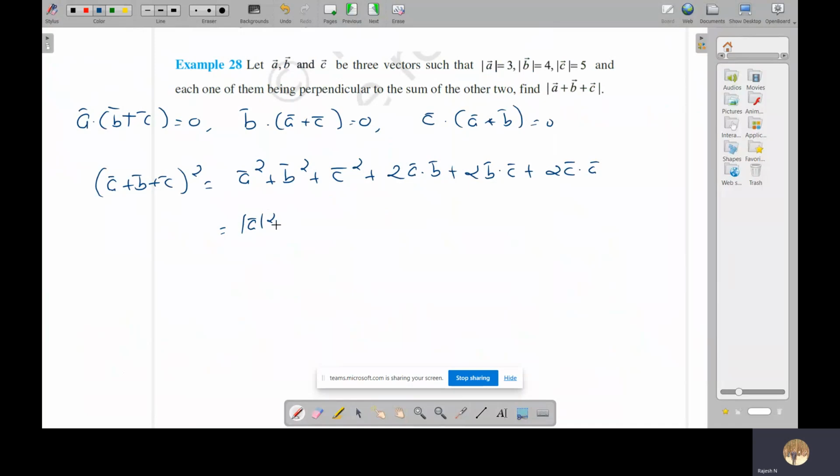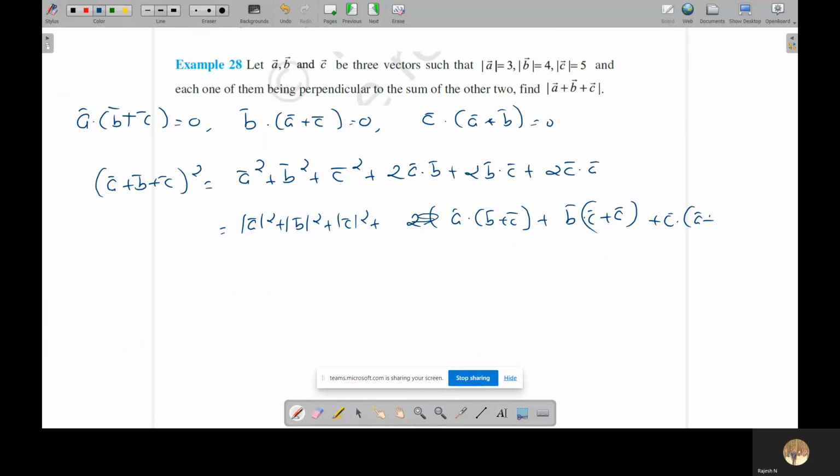So modulus A bar squared plus modulus B bar squared plus modulus C bar squared plus 2 times A bar dot B bar plus C bar, and so on.